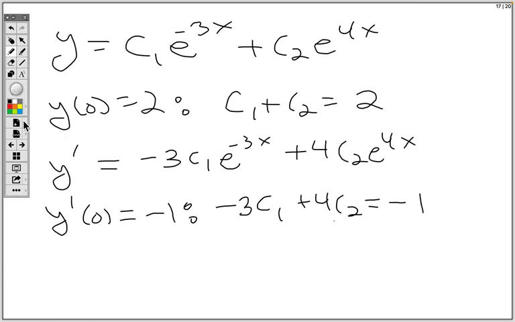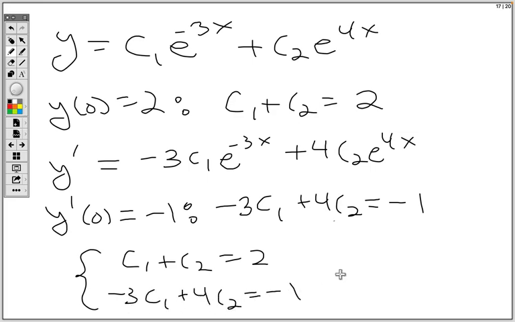Okay. And by golly, look what I got. I'm trying to figure out what C1 and C2 are. I have 2 unknowns, but I have 2 equations. Look what I have. This takes us back to the top of the hour. That's a system of linear equations with the unknowns C1 and C2.